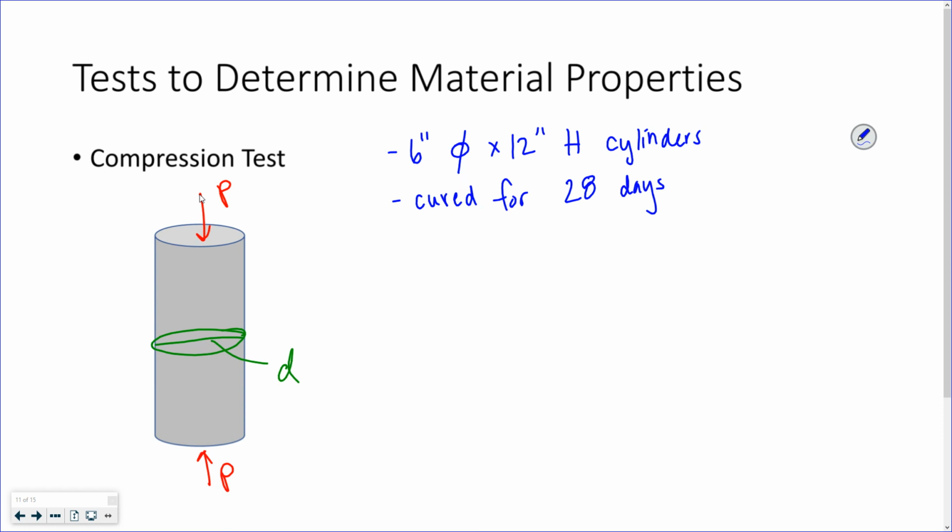Cure them for 28 days. And then we break them with our compression test. Stress, force over area. And we get our load at failure. And that gives us our f'c.